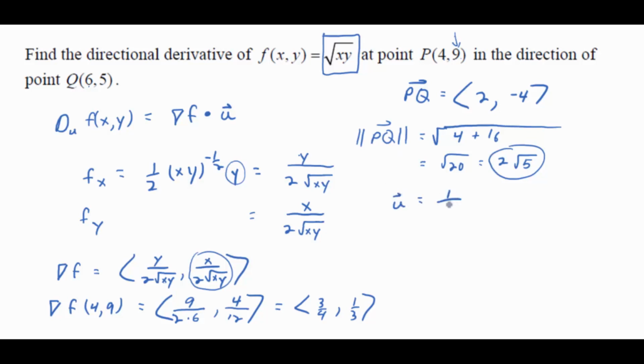It's going to be 1 over 2 radical 5 times 2, negative 4. Would you buy that? And then it might be nice to go ahead and scalar multiply out the 1 over 2 rad 5. So that would get you just 1 over rad 5, because the 2's will cancel. Does everybody see that? And then what? Negative 2 over radical 5.